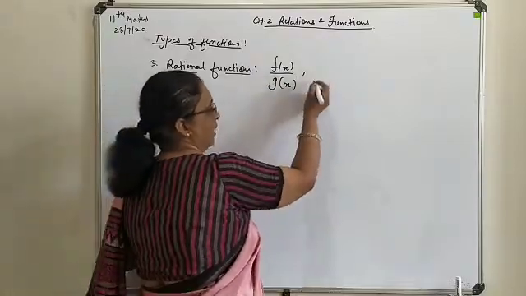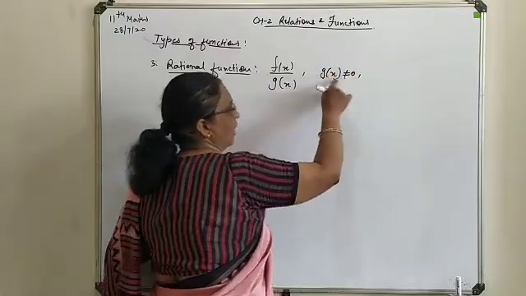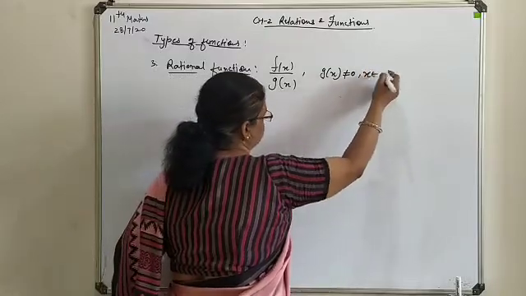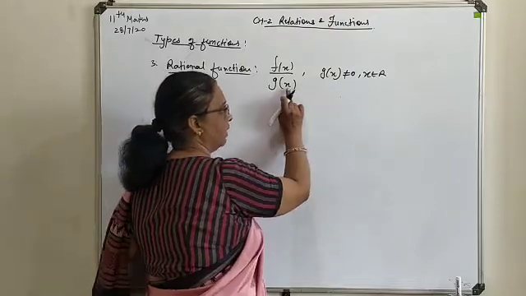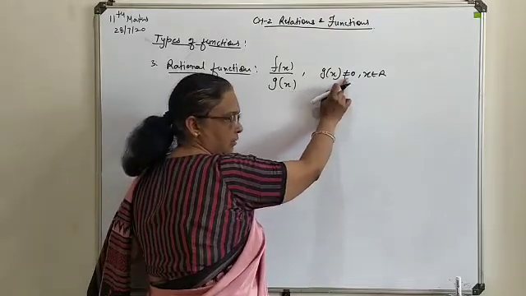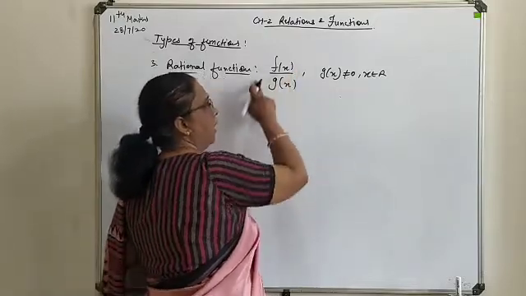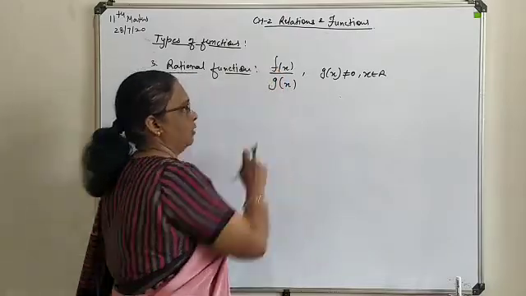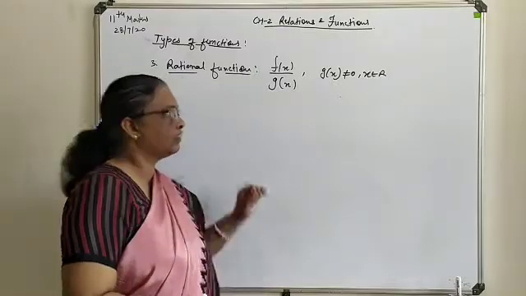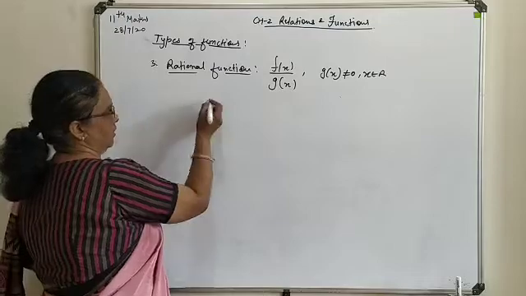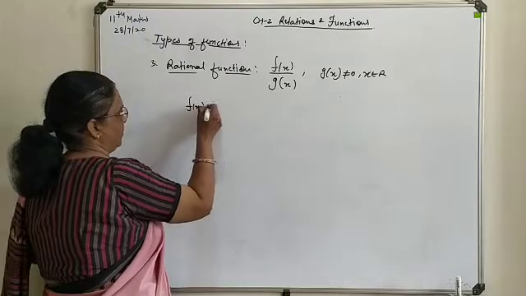Now here you have to exclude the values for which g(x) turns to 0. Meaning for the x value at which your g(x) tends to 0, that value you have to avoid in the selection. Otherwise, substitution of f(x) and g(x) in a fractional form will give you this rational function value. Just for example, we take f(x) as 1 upon x.